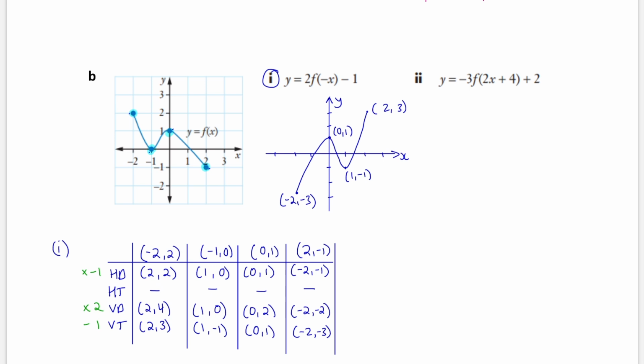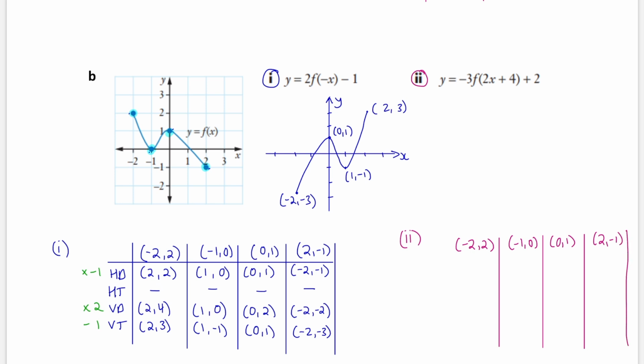Now I'm going to do the same thing here for double I. So again, draw out our table with our coordinates. And listing our transformations here on the side.